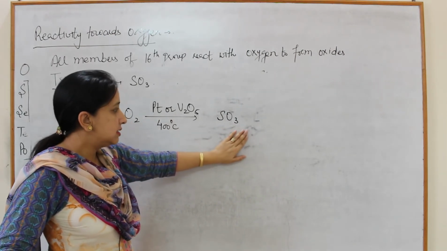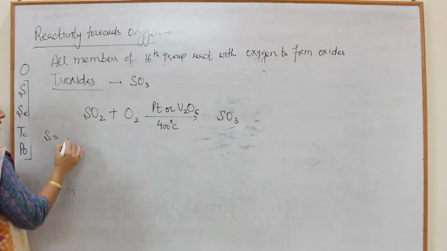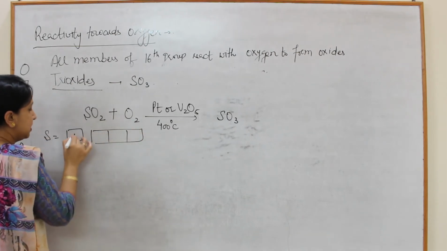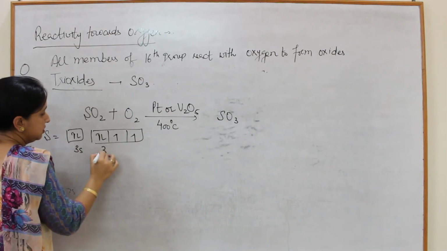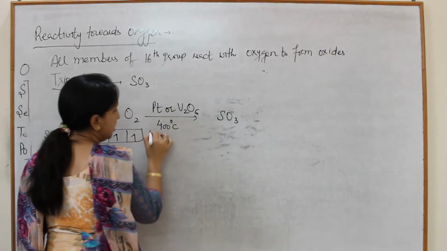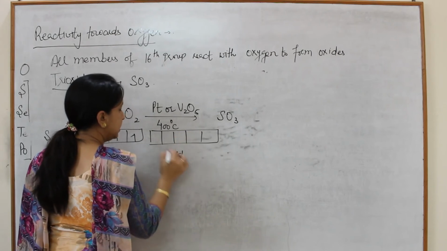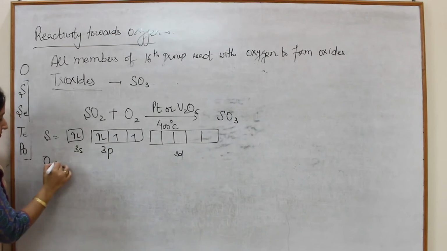Now the next part is the structure of sulfur trioxide. Again, sulfur will have the configuration 3s2 and 3p4, and it will also have a vacant 3d orbital. Now we have 3 oxygens.